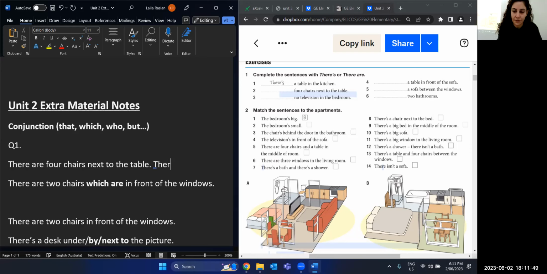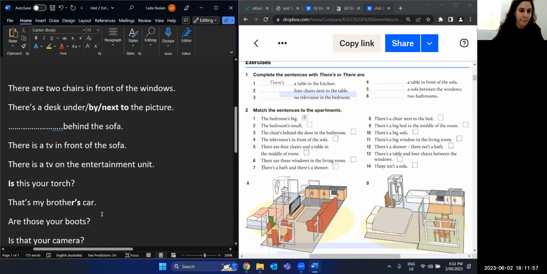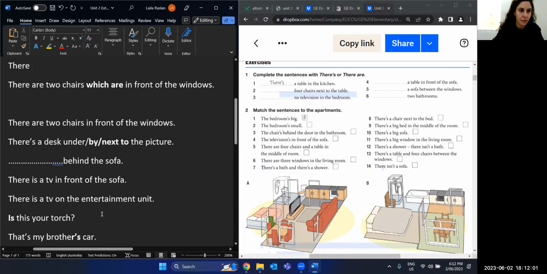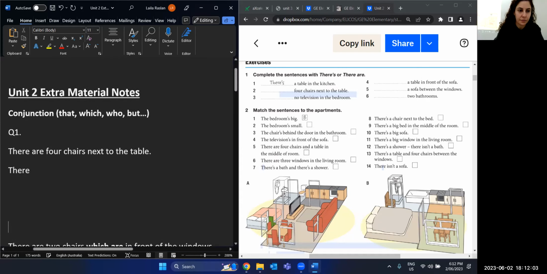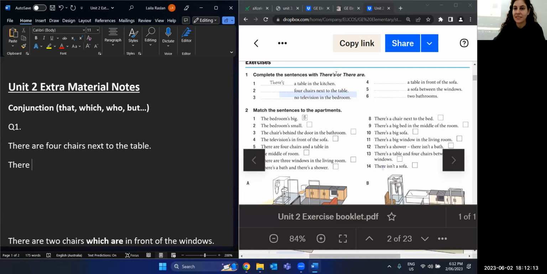So we need, which one? There is or there are?